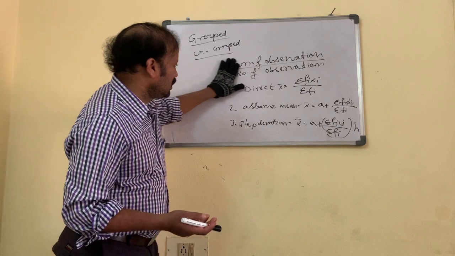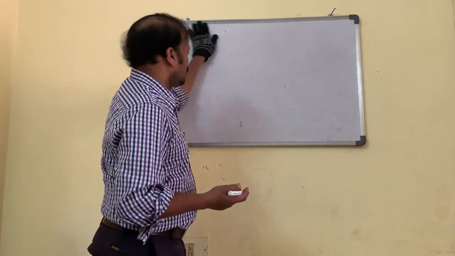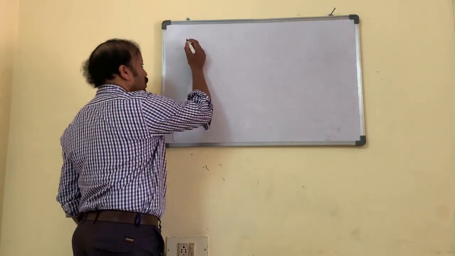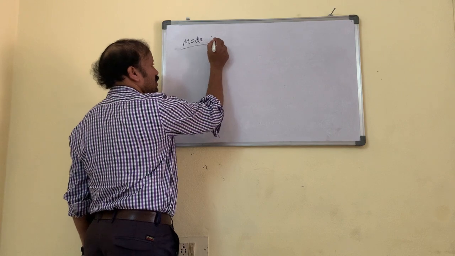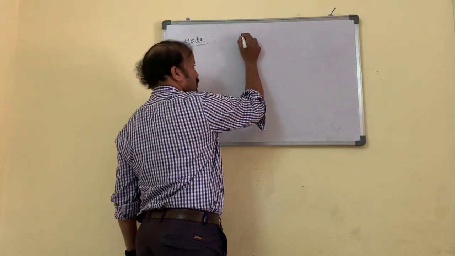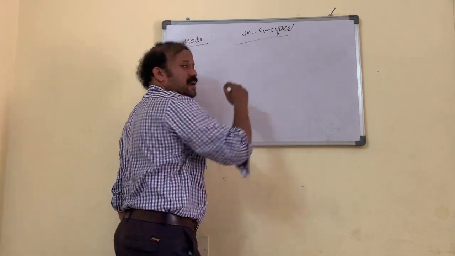Another one is mode and median. Next one is mode. Mode also has grouped and ungrouped. Ungrouped mode is the most repeated value.